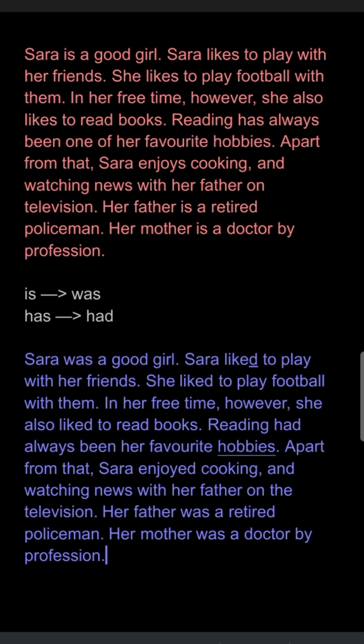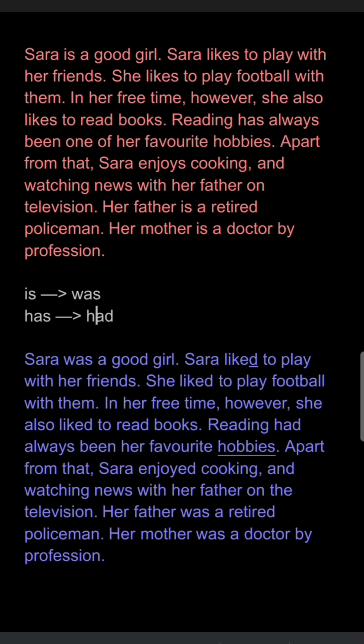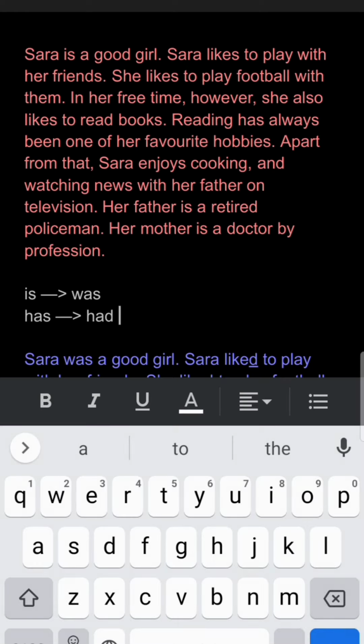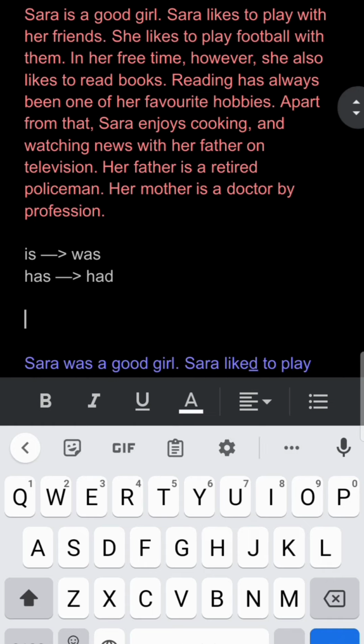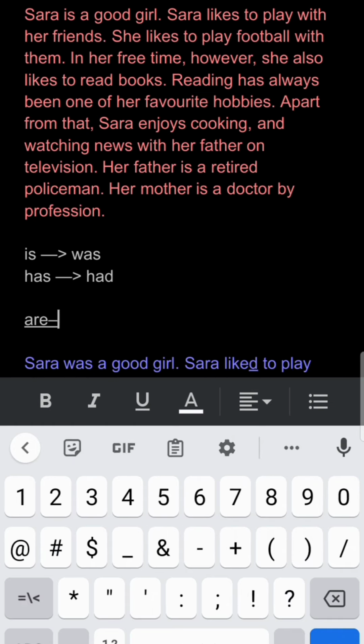So guys, what did we learn? We learned that when we have is, it changes to was. When we have has, it changes to had. But then you also need to keep in mind, what if we have are instead of is?